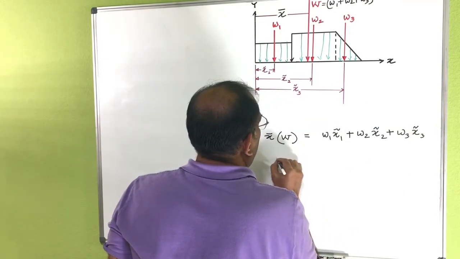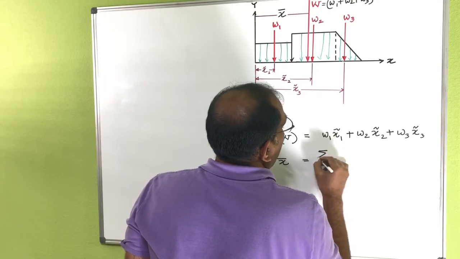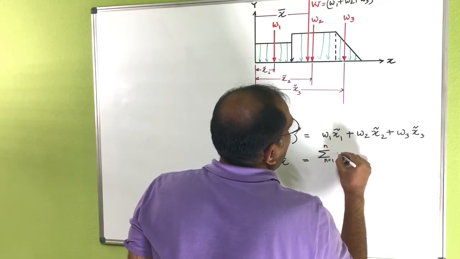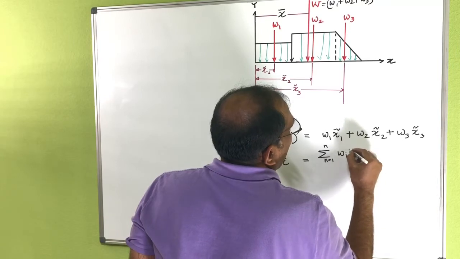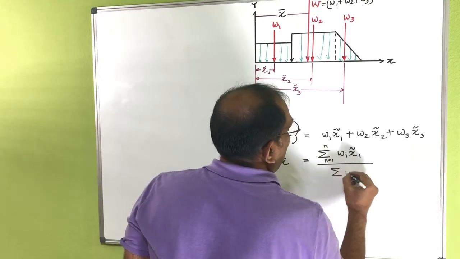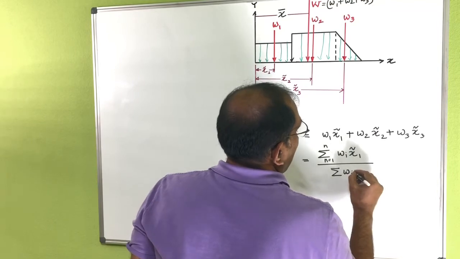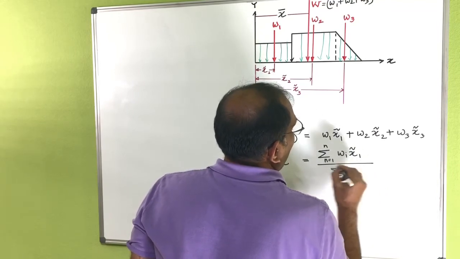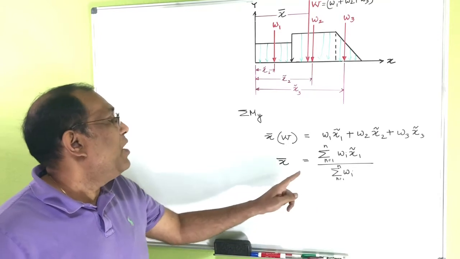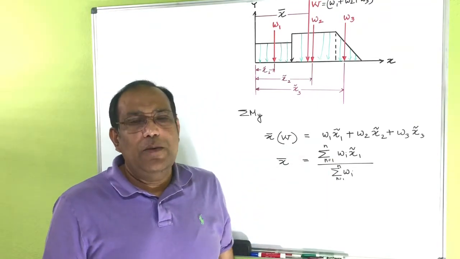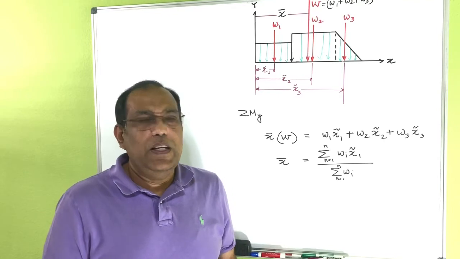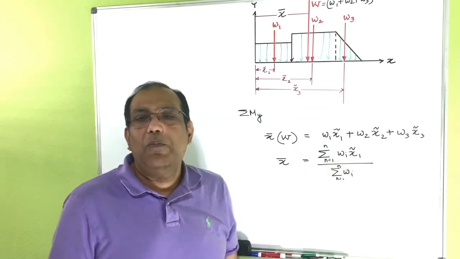So your x bar would be the summation from i equal to 1 to n of Wi x squiggly i divided by W. If you have 3 elements, then your x bar would be W1 x squiggly 1 plus W2 into x squiggly 2 plus W3 into x squiggly 3, divided by W1 plus W2 plus W3.